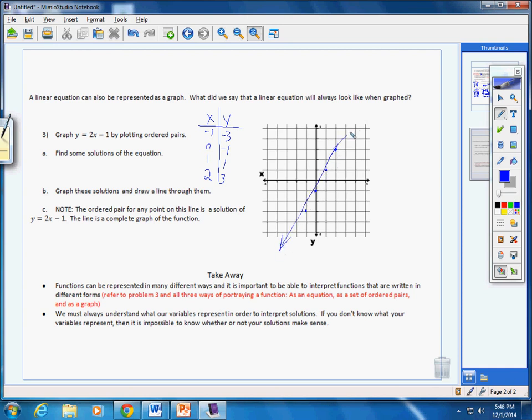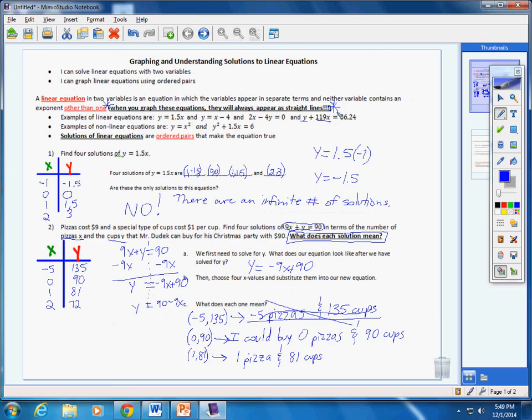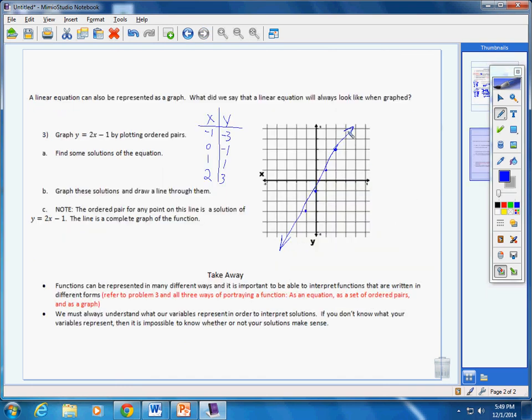But guess what? If you draw a line straight through those guys, you have a linear equation. Remember, what did we say that a linear equation will always look like when graphed? We said, way back here, if you graph these equations, they'll always appear as straight lines. Yes, I know this doesn't look like a straight line.